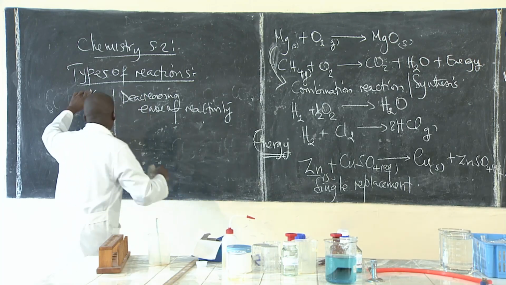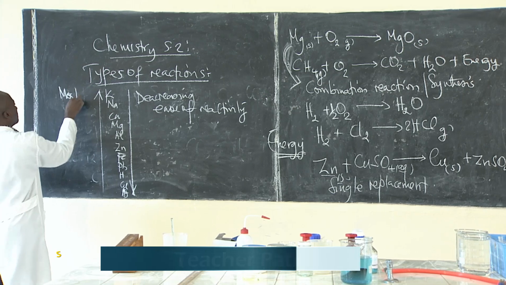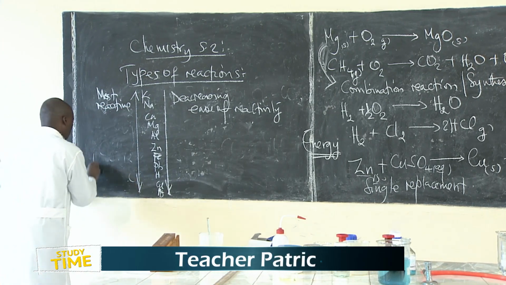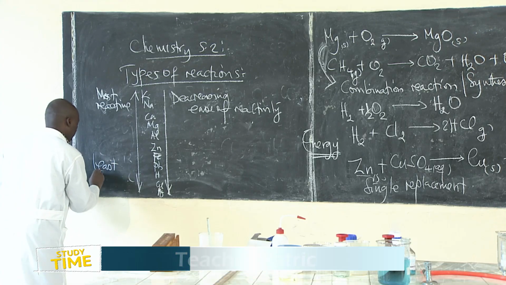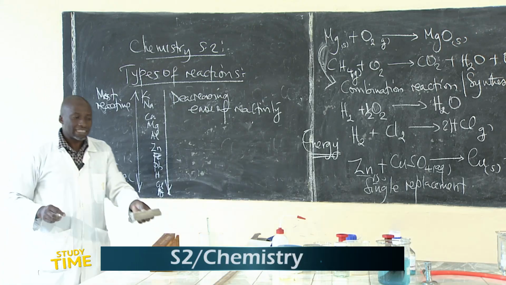So this is the most reactive, and this is the least reactive. What does this mean again?